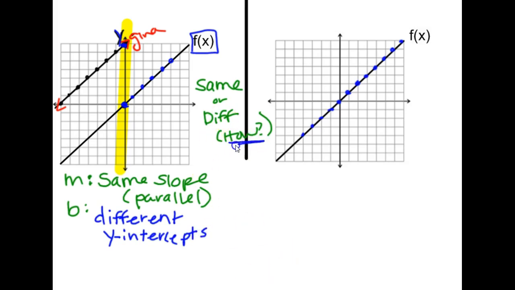And if it's different, we need to say how it's different. Our new graph Gina compared to old Fred is moved up 1, 2, 3, 4, 5, 6, 7. Moved up 7. You can say moved up, shifted up, translated up. They all mean the same thing. And we're done with that.